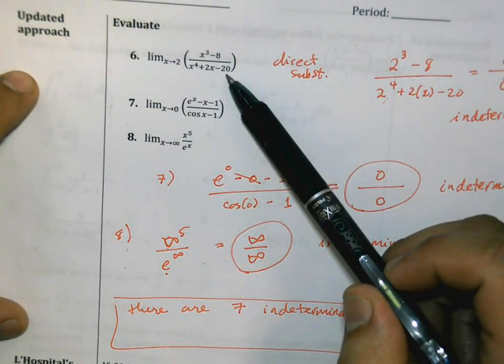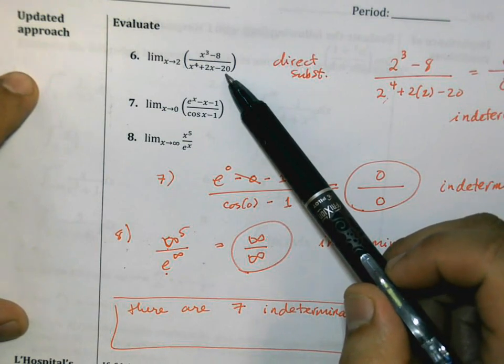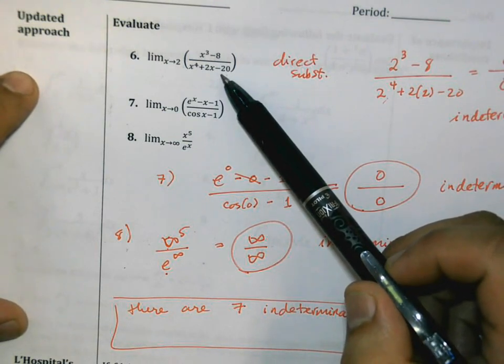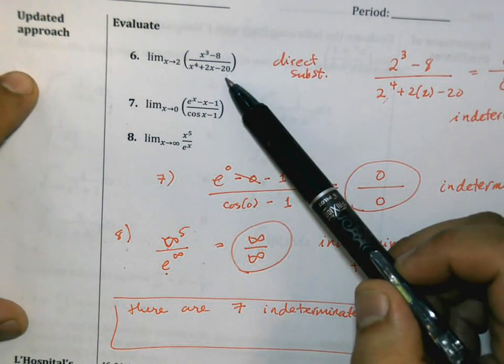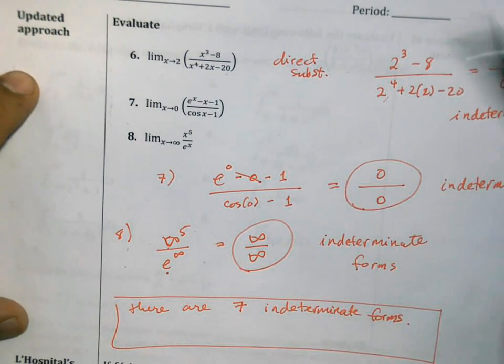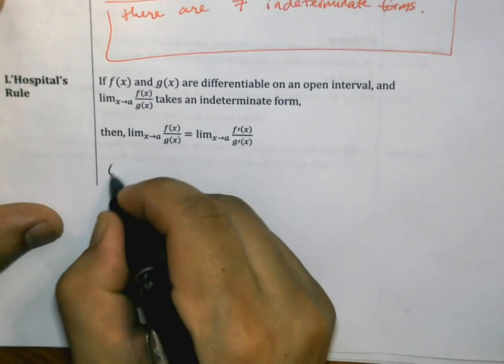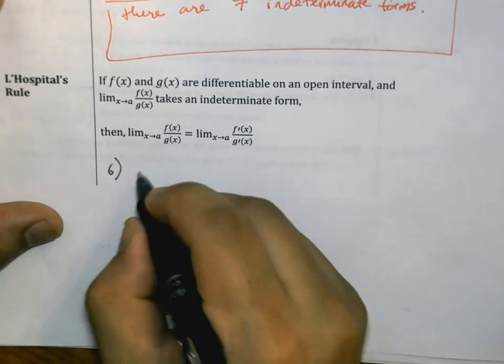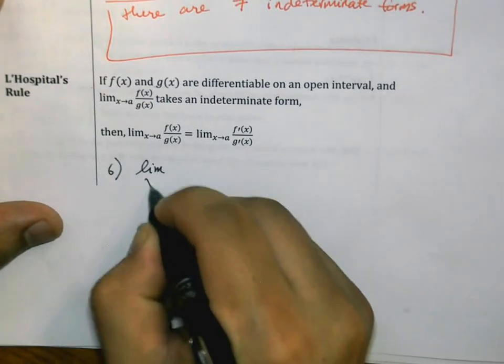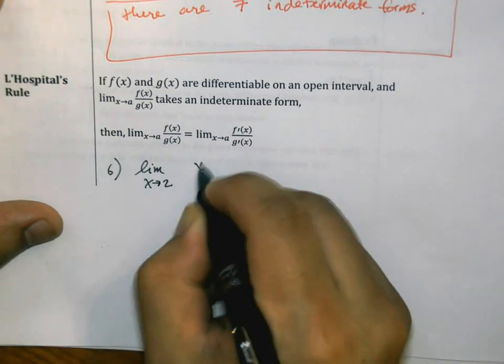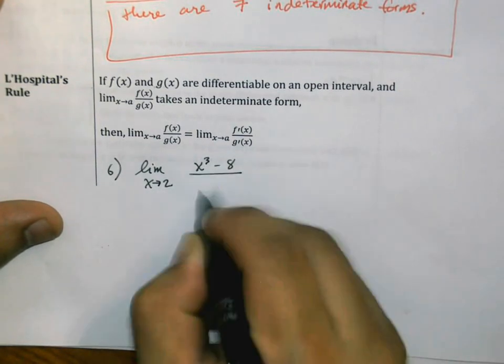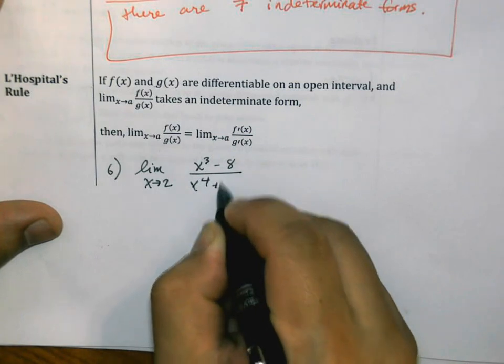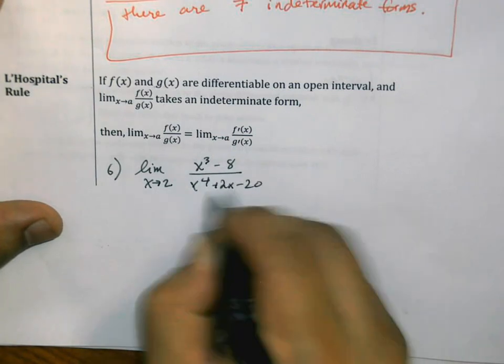So we can re-attack the previous problems here, and since the original problems take indeterminate forms, what we can do is just take derivatives of the numerator and the derivatives of the denominator until we get somewhere useful. So let's revisit number 6. The limit as x approaches 2 of x cubed minus 8 divided by x to the 4th plus 2x minus 20.